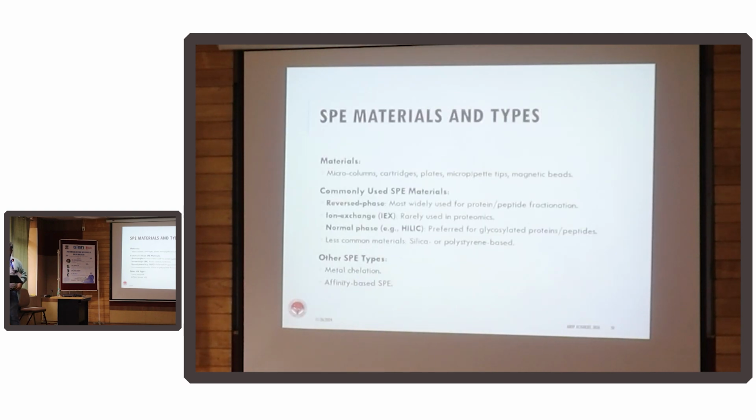So I think I have already explained this, so I will not go through it, but I will share these materials. These SPE materials, the solid phase extraction materials, come in various shapes and sizes. So you have micro columns, cartridges, plates, micro pipette tips, and magnetic beads, depending on the type of work you want to do. Suppose you are working on thousands of samples, it won't be possible for you to do it individually. There you will go for the plate format, a 96-well plate format, right?